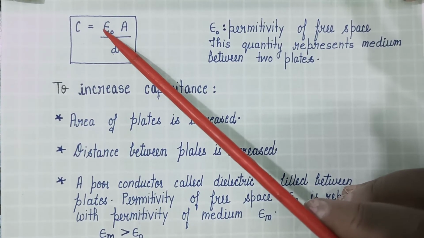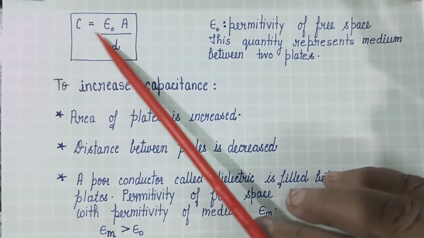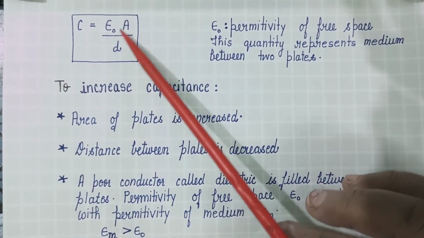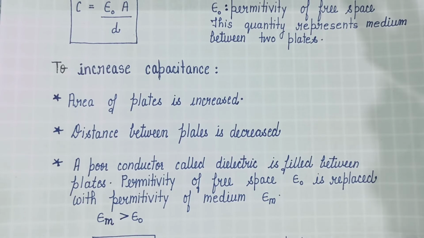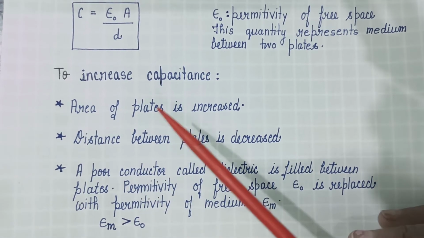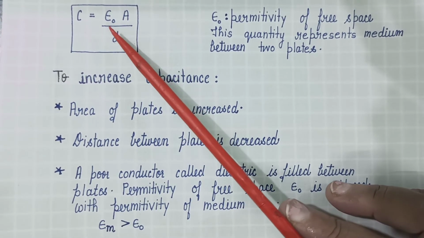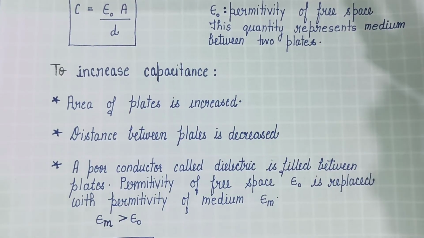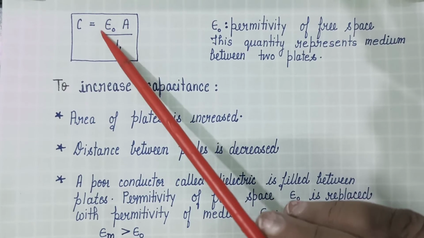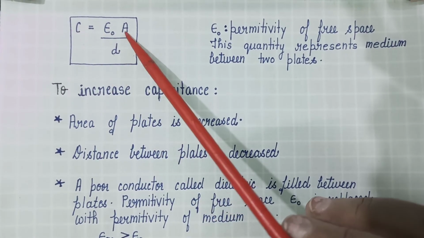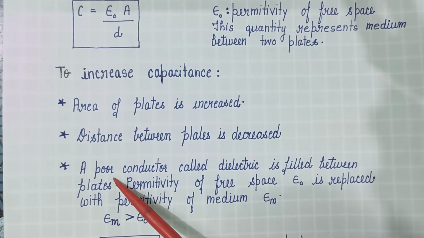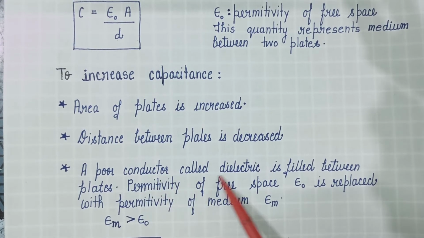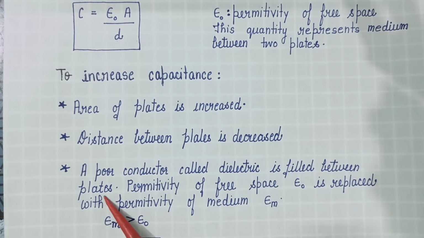The permittivity of air is 8.85 into 10 to the power minus 12 coulomb square upon newton meter square. So we fill a material which is a poor conductor and has higher relative permittivity, and that way this term increases and capacitance increases. So the third way is that a poor conductor, which is called a dielectric, is filled between the plates.